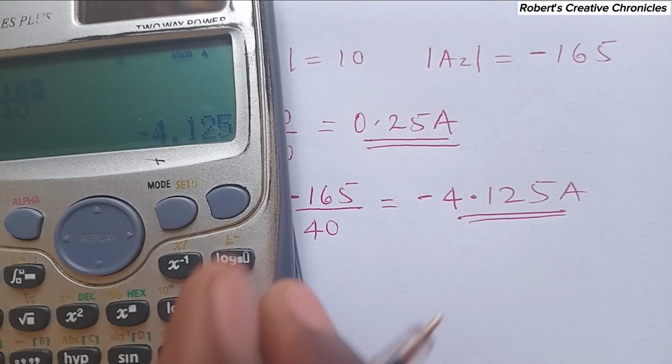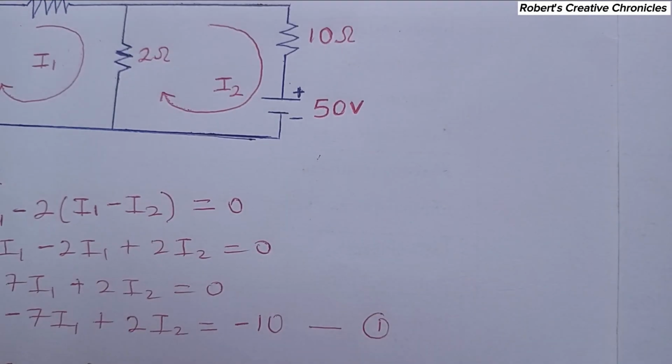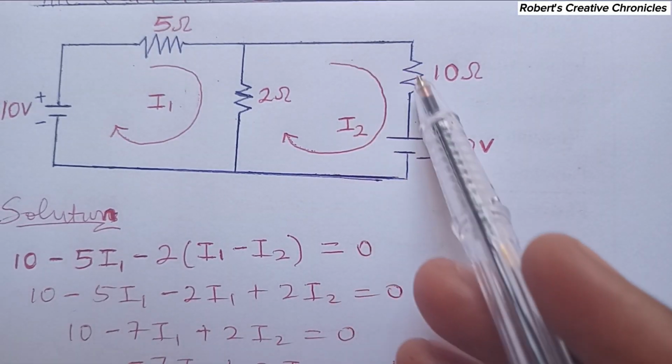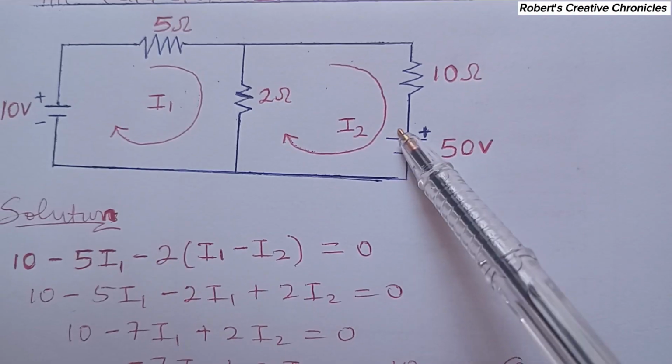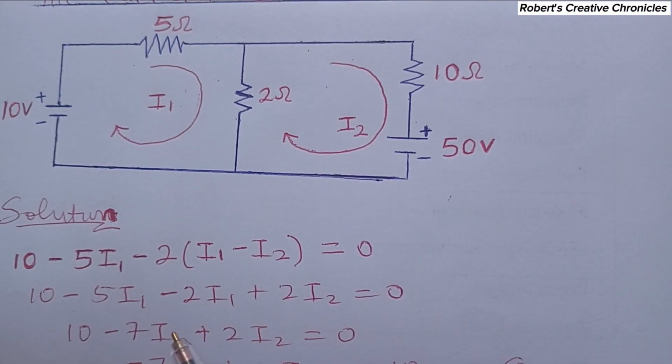That means this one is moving in the opposite direction. The assumed direction is not the same as the actual direction. This one is moving in anti-clockwise direction in this mesh.